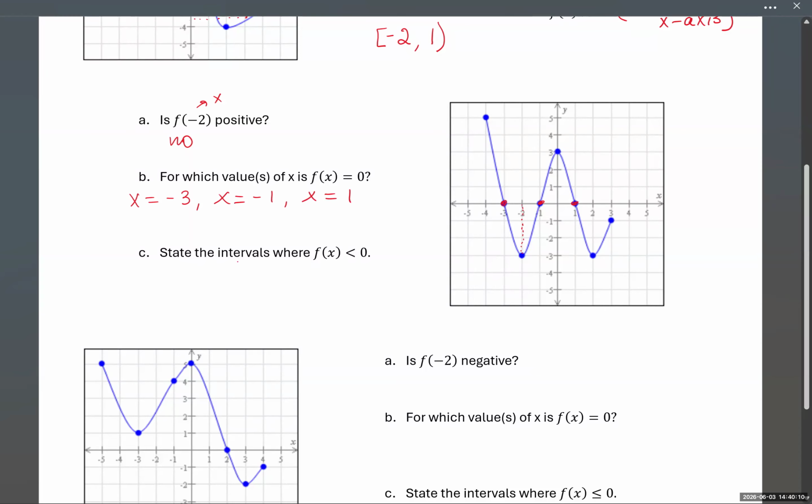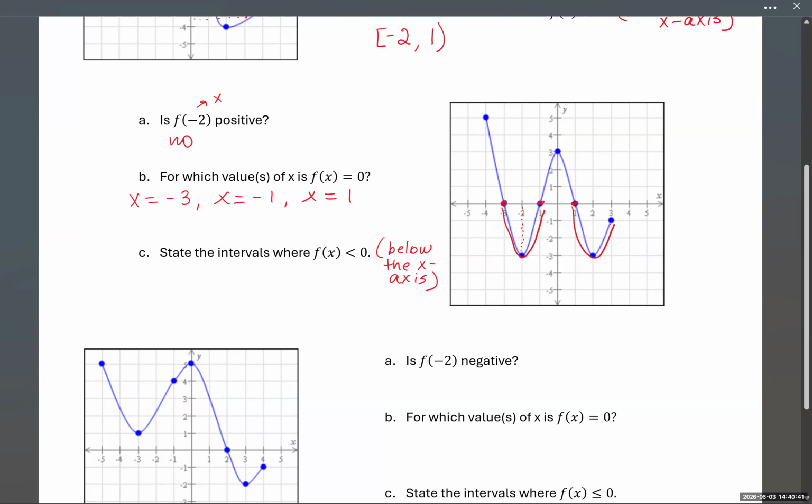Then state the intervals where f of x, the y value, the function value, is less than 0. So it has to be below the x-axis. So we have a couple of intervals here. We have this one right here, and we have this one right here.